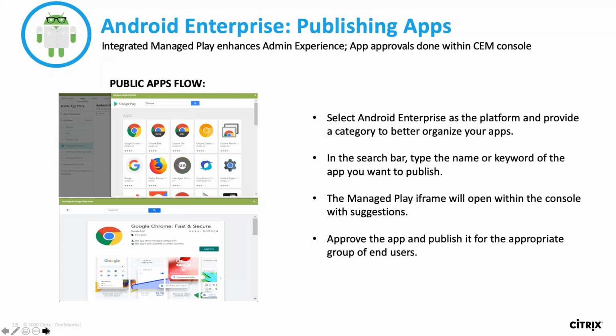All you will do is type in Chrome, and the managed Play window has now been integrated within the EMM console, so you don't need to go out of it, right? It will show you all the apps that are related to Chrome, just like in your Play Store. You select Chrome, you approve the app right then and there. Once the app is approved, you can select it and provide it to the users that you want to publish or deliver this app to.